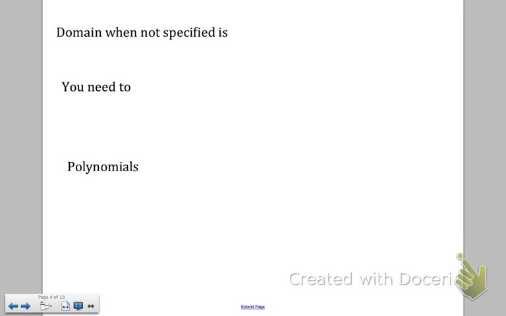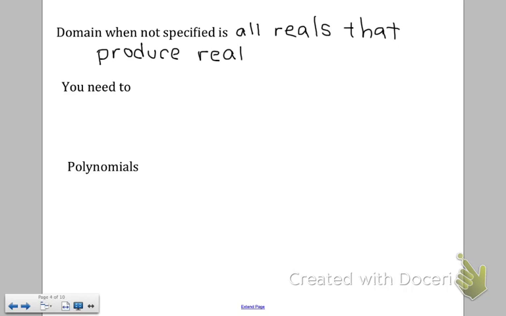Now, the domain, when not specified, is all real numbers that produce real numbers. That may seem a little bit repetitive, but we're talking about all the x values that we can plug in that are real numbers that will give us real numbers out as well.